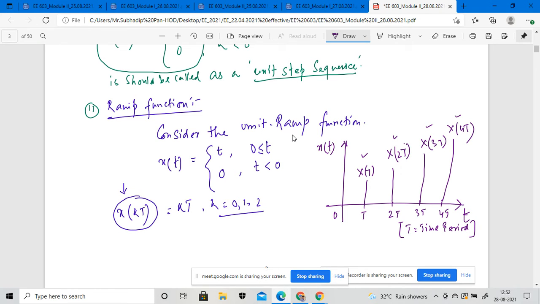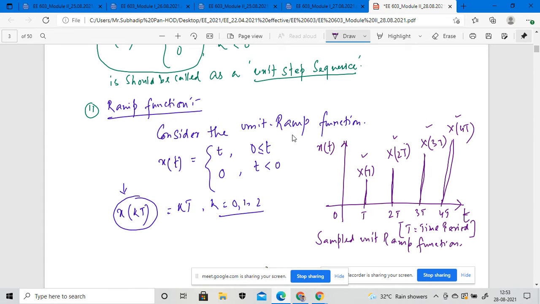So this will be the first ramp function, this second, this third, and this fourth. This particular diagram is considered a sampled unit ramp function.